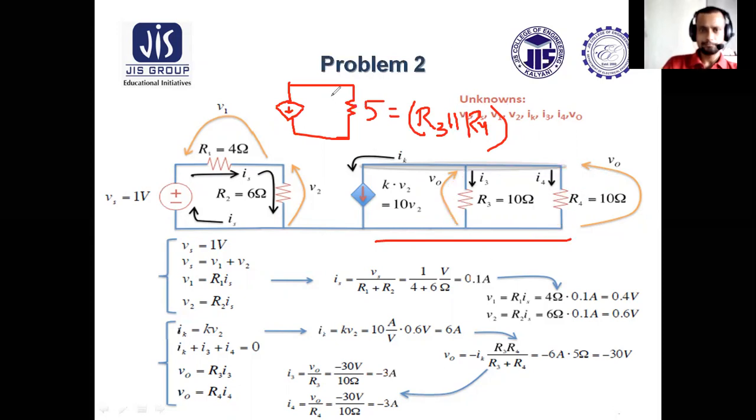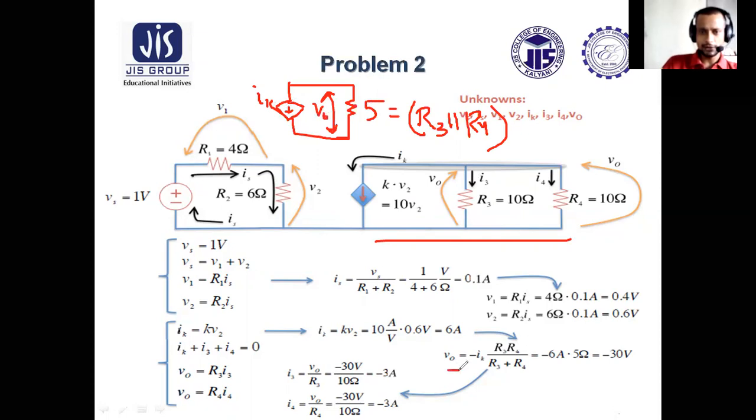Now see, this current is IK. IK and current through the dependent source should be the same. So IK is known to us. Okay. So what should be V0 here? This is V0. So this V0 should be equal to 5 into IK.